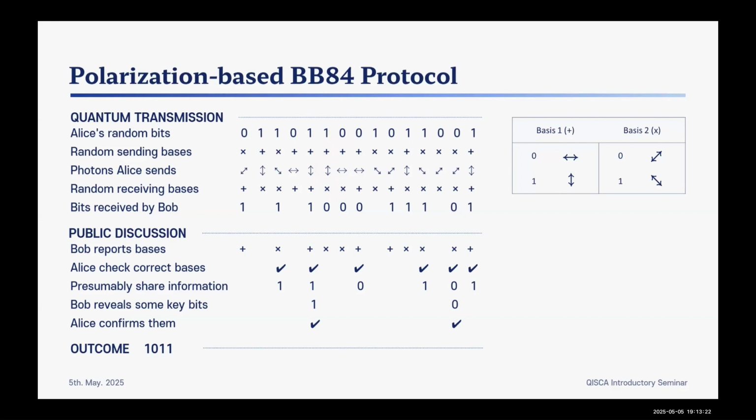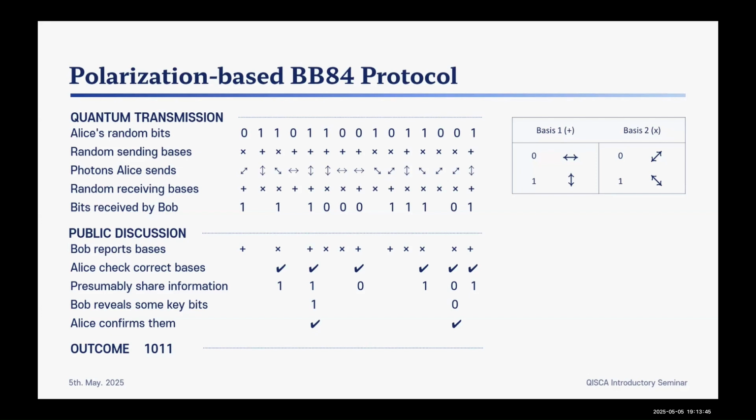However, this randomness does not cause a problem in key generation. Through classical communication, Alice and Bob later compare their chosen bases and discard any cases where their bases do not match. This ensures that only correctly transmitted bits are used in the final key.